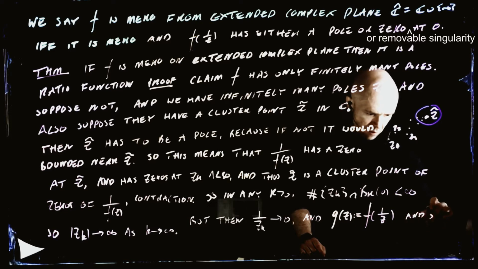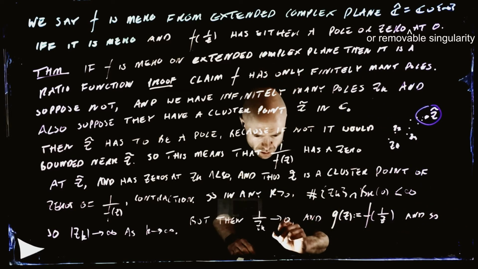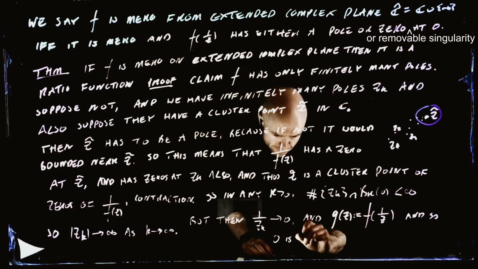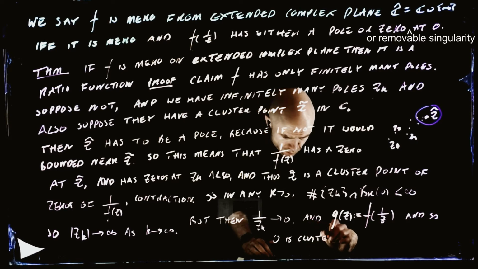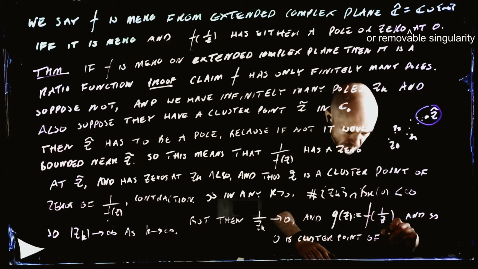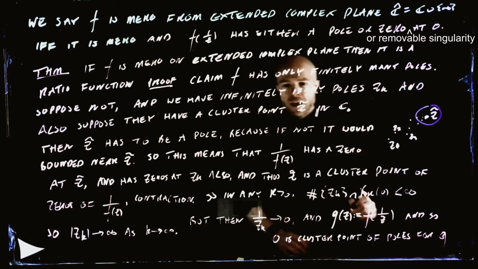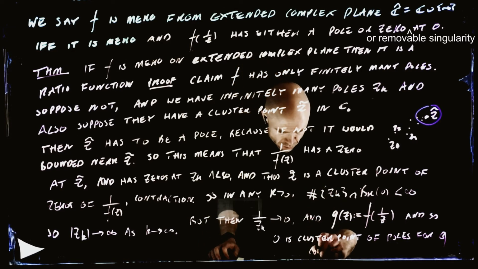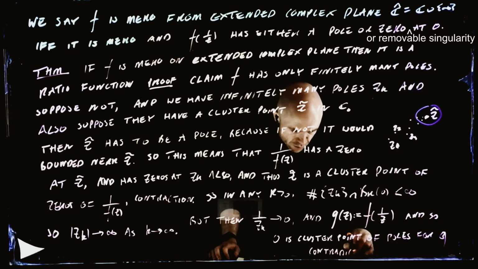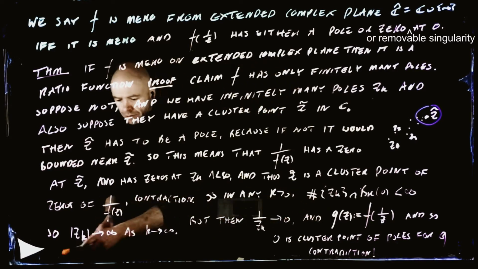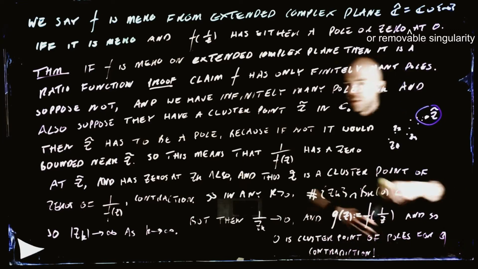And so 0 is a cluster point of poles of our meromorphic function g. We just learned that that can't happen. We cannot have a cluster point of poles. Yeah? Contradiction. Okay, so we definitely have just finitely many poles under this situation.